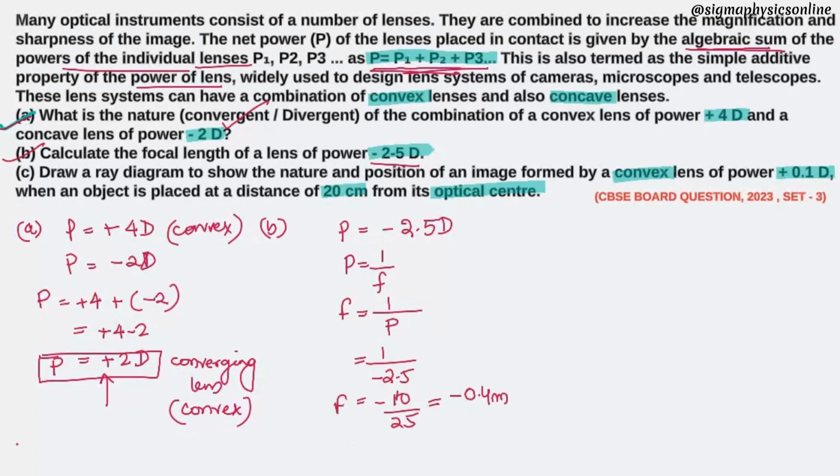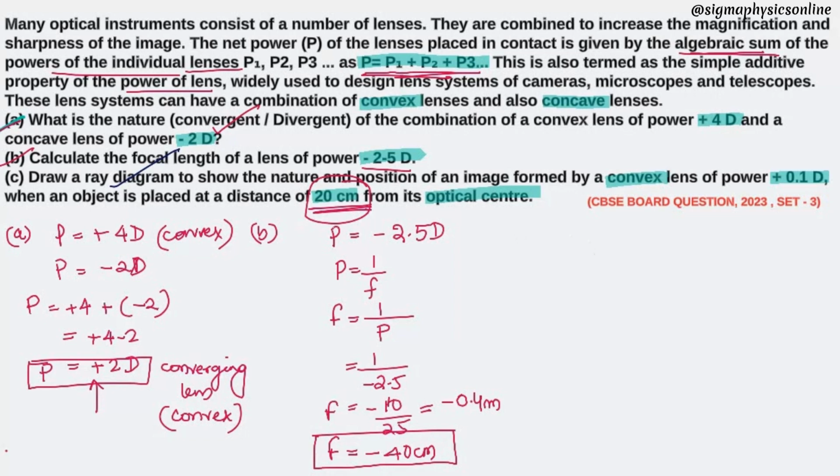So focal length is minus 0.4 meter. But always remember, children, that whenever you need to express focal length, it should be in centimeter. And whenever you have to express the power, convert the focal length into meter and then express the power. So f will be minus 40 centimeter.